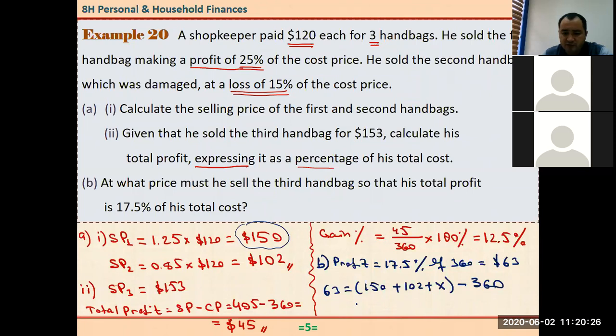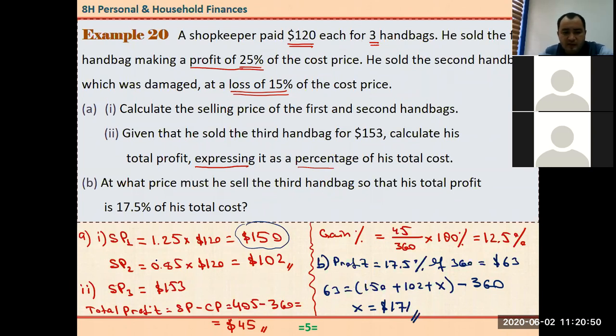Now from here we can find X. X equals 63 plus 360 minus 150 minus 102, that is equal to $171.